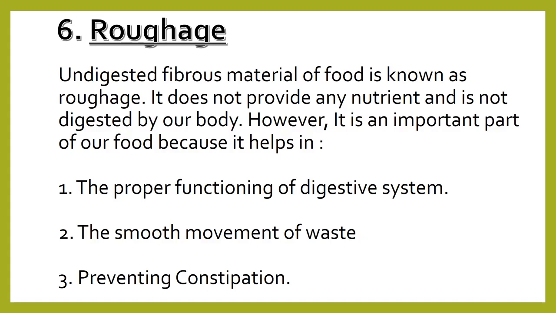It does not provide any nutrient and is not digested by our body. However, it is an important part of our food because it helps in number 1, the proper functioning of the digestive system. Number 2, the smooth movement of waste. Number 3, in preventing constipation.